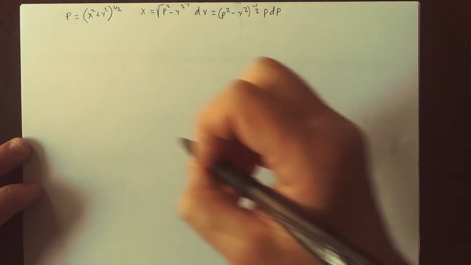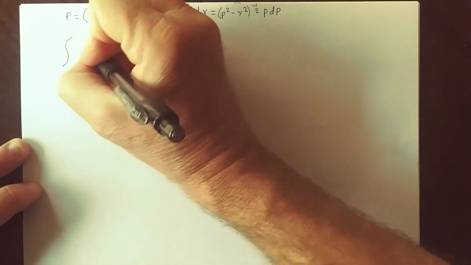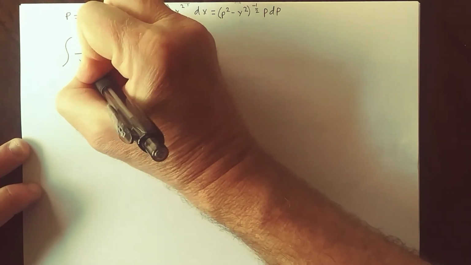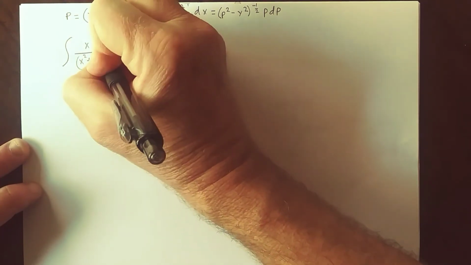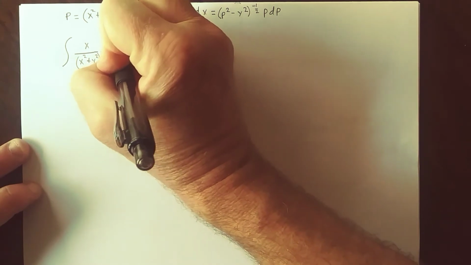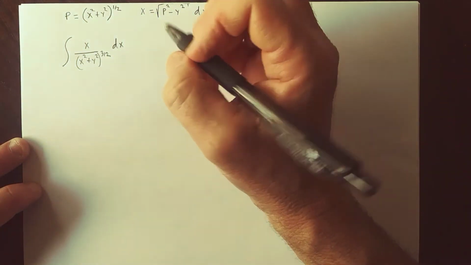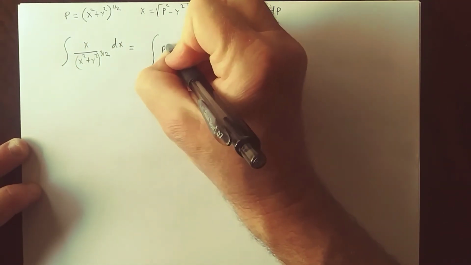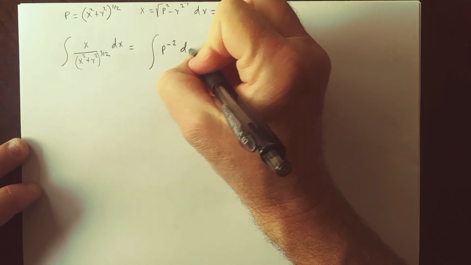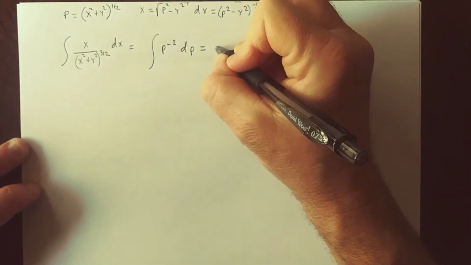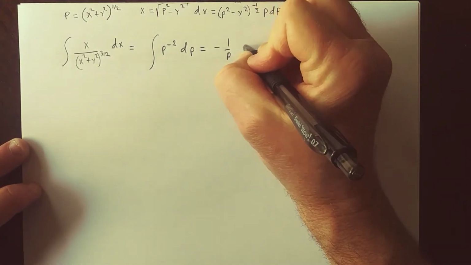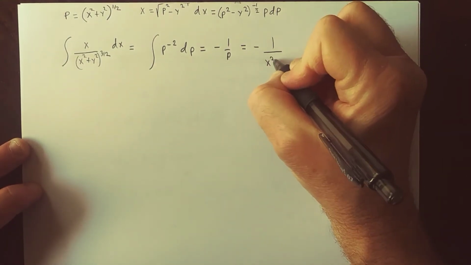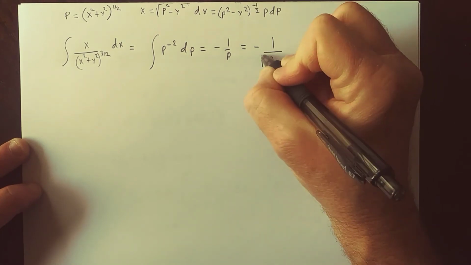And so our integral for the x component, x over x squared plus y squared to the 3/2 in dx, becomes the integral of p to the minus 2 in dp. The result of that is minus 1 over p, which in terms of x and y is minus 1 over x squared plus y squared to the 1/2.